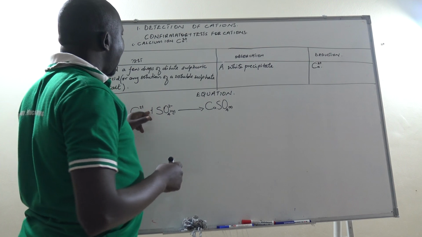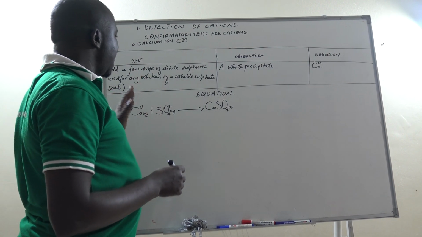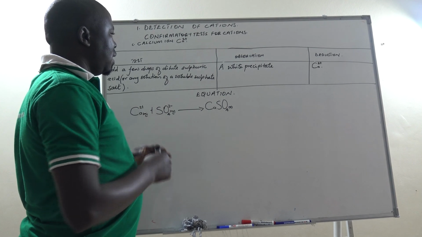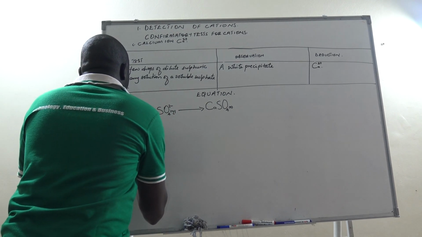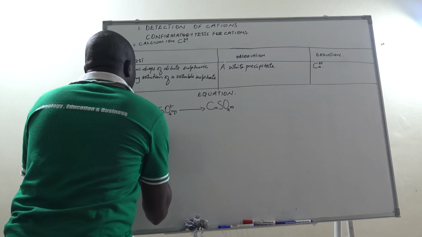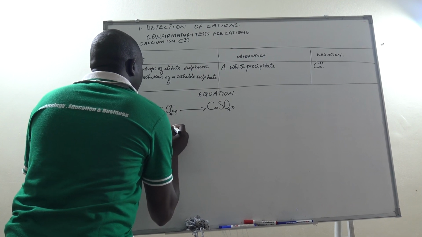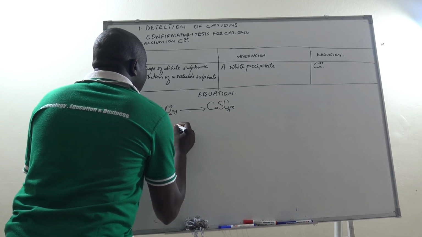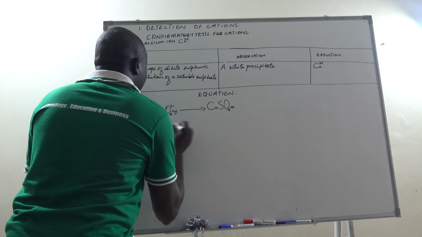So for zinc ion, we have already seen it. That is, we use ammonia solution. Aluminium ion, in this case, let us go ahead and we look at lead 2 ion, which is capital P, small b, 2 plus.